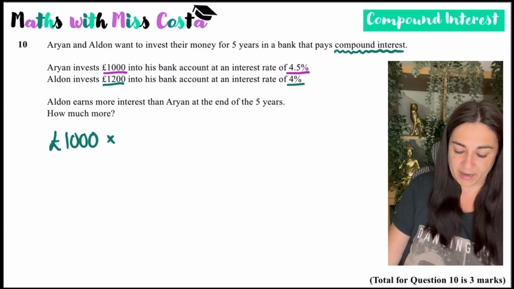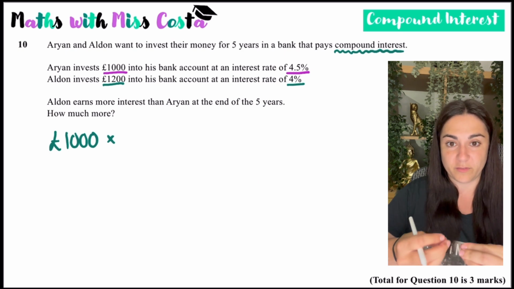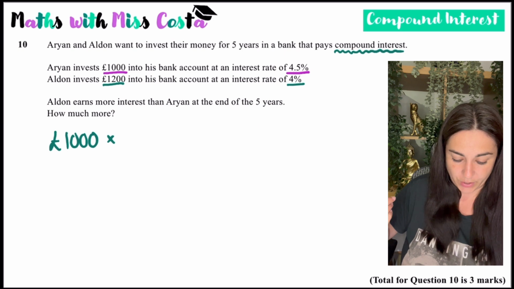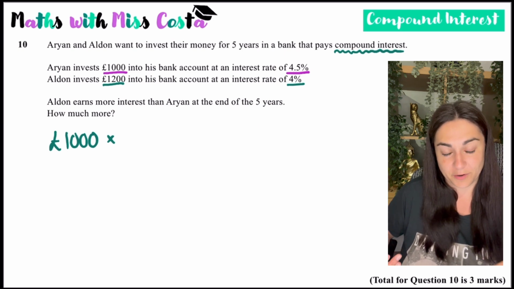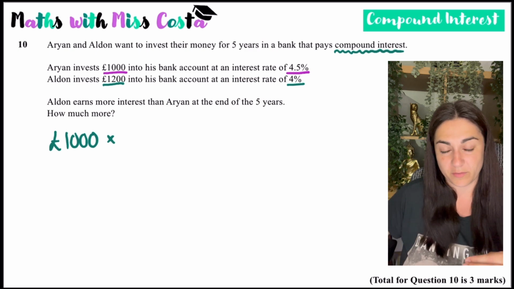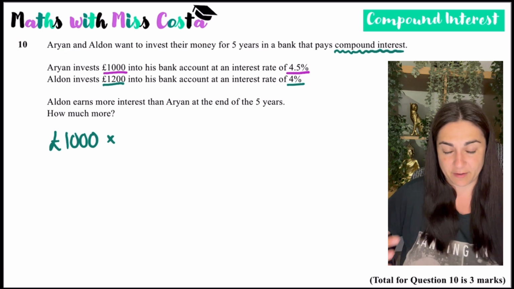So you put £1,000 in and they're paying you an interest rate of 4.5%, which means you get 4.5% of that money in your bank account at the end of the year. So the slow way of working it out is by working out what 4.5% of 1,000 is, adding it on, and then working out what 4.5% of the new amount is, adding that on, and doing that for 5 years.